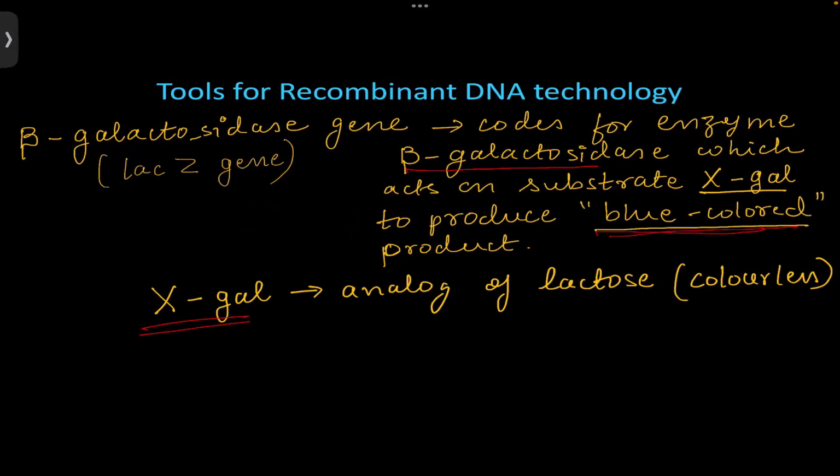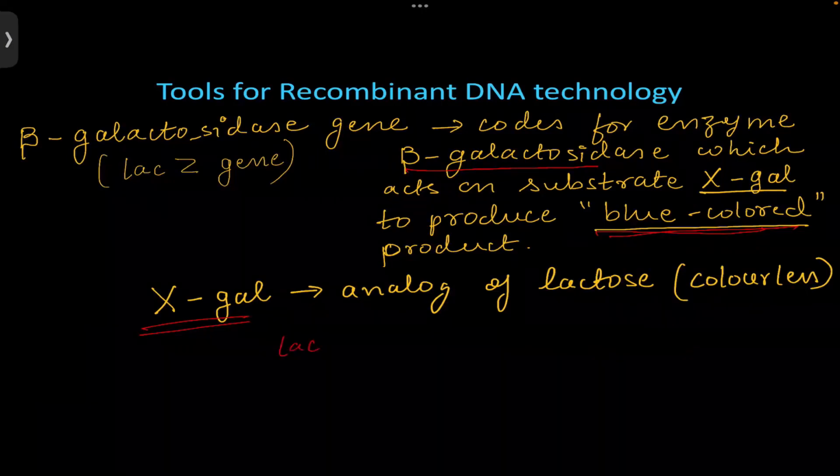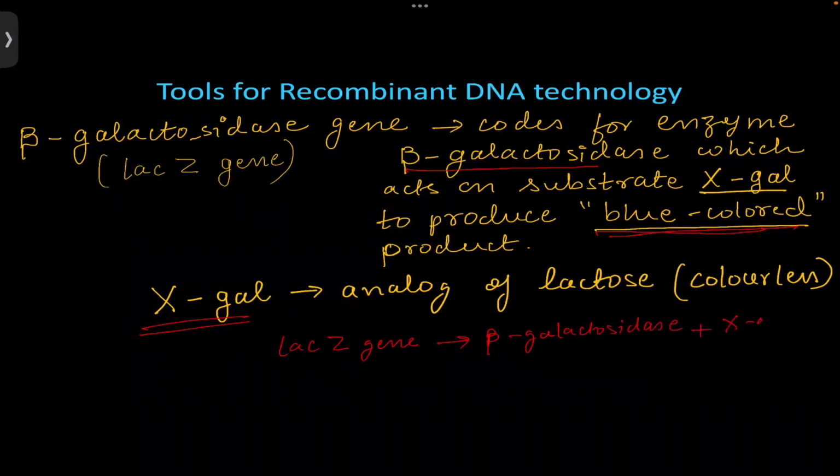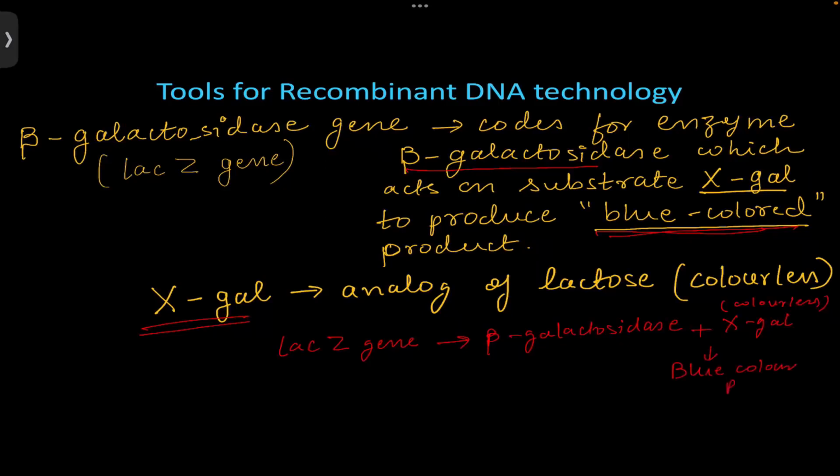So the LacZ gene makes the enzyme beta galactosidase, correct? And when this enzyme acts on X-gal, which is colorless, it produces a blue colored product. So we are getting a chromogenic product.